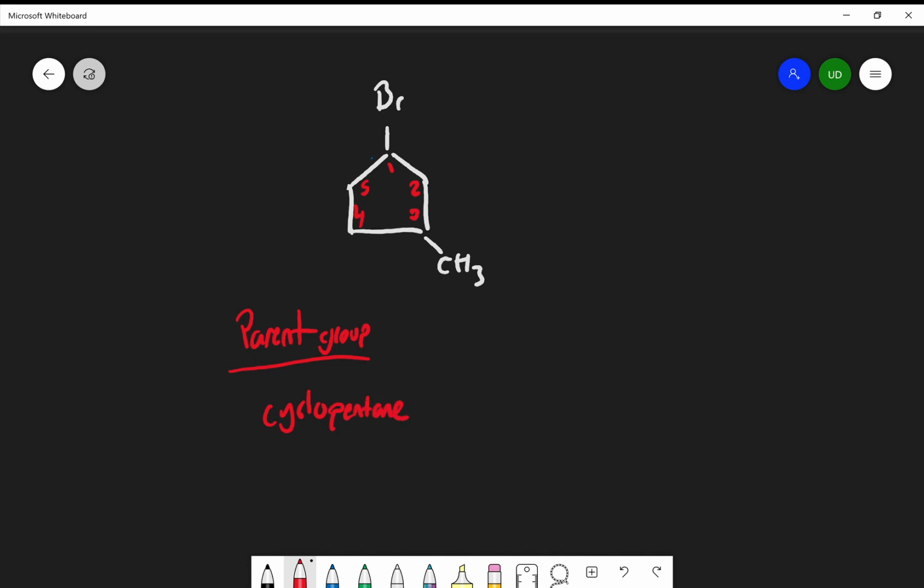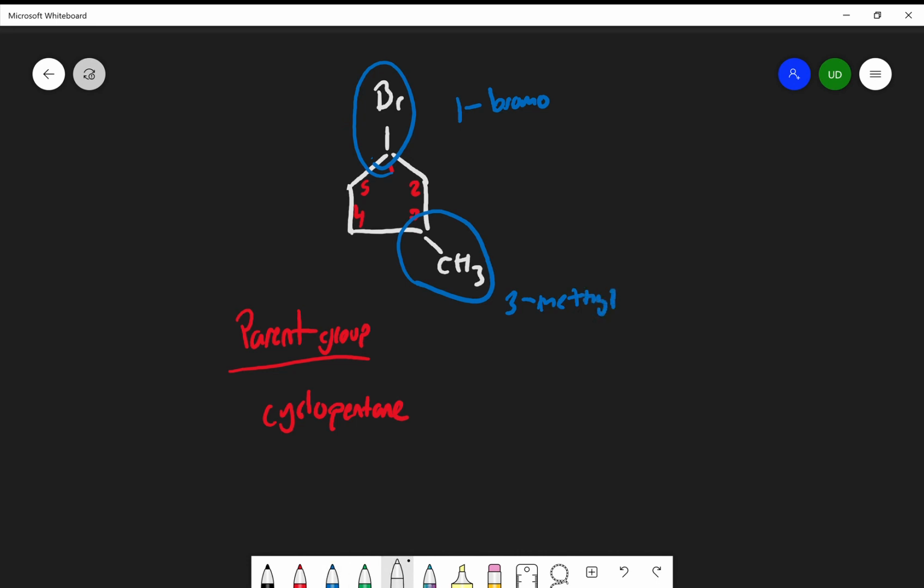That is our parent group. Now circle the other substituents. We have one on carbon 1, so it'd be 1 hyphen bromo. Remember, instead of saying bromine, you would say bromo. And keep these lowercase. And then on carbon 3, we have a methyl, because there's one carbon present. So it's 3 hyphen methyl.